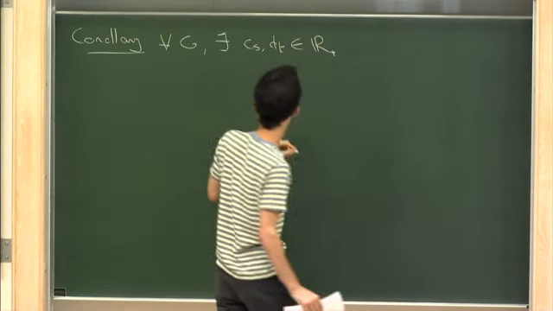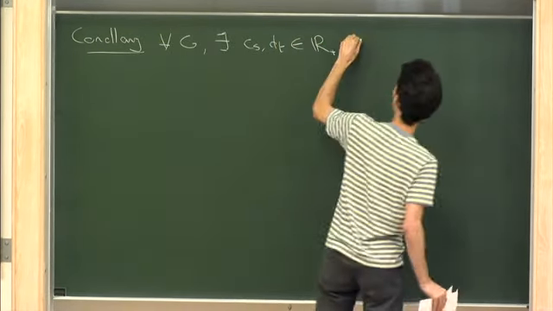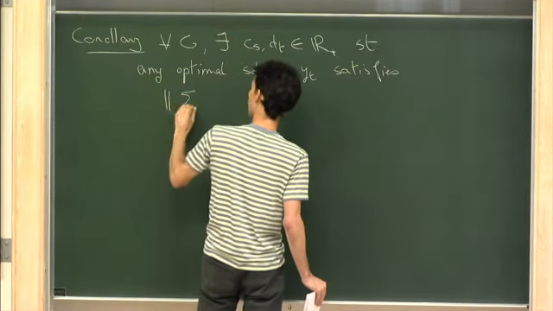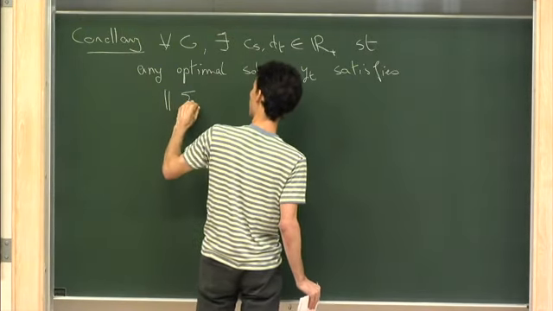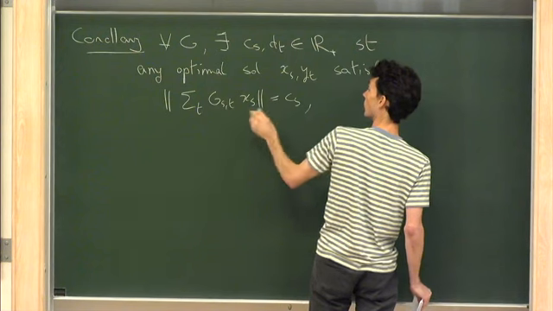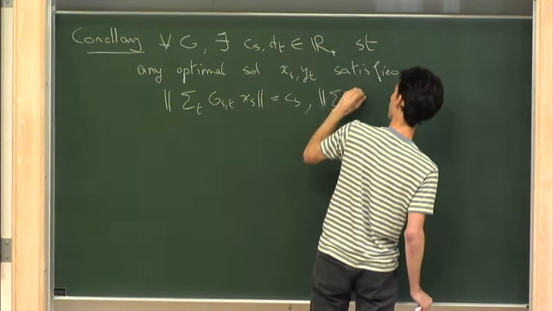Actually, they're non-negative, such that any optimal solution xs, yt to the optimization there satisfies that the norm of the sum over t of G_st yt is equal to cs, and the norm of the sum over s of G_st xs is equal to dt.